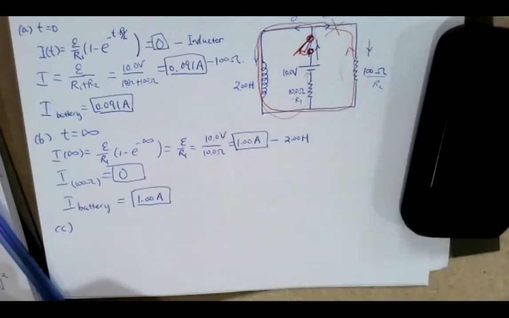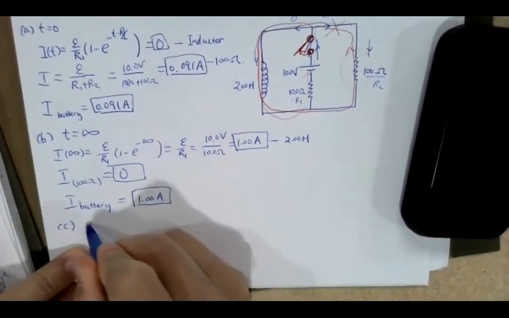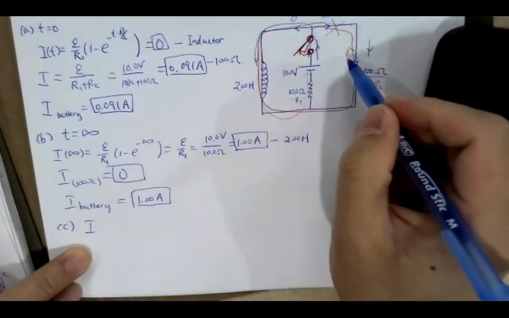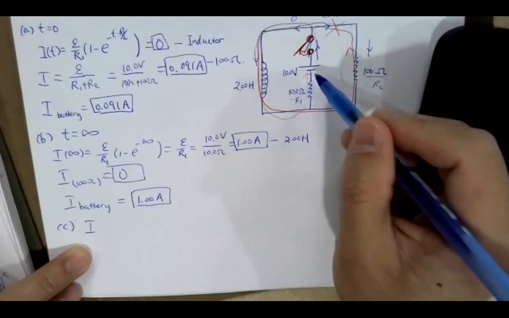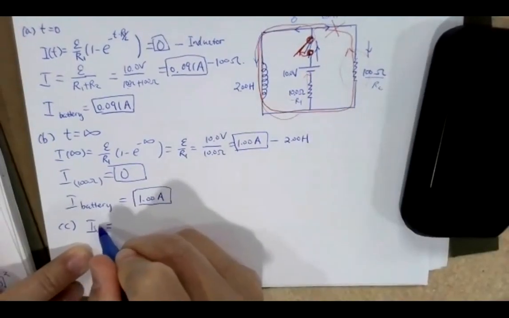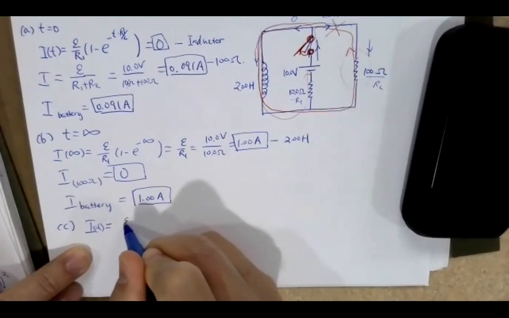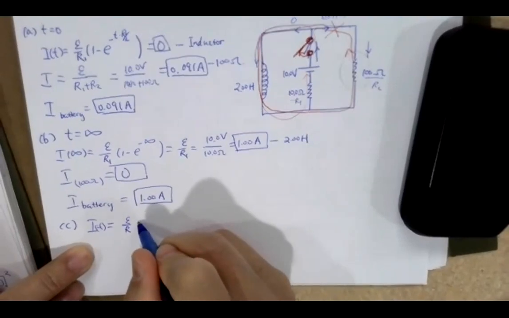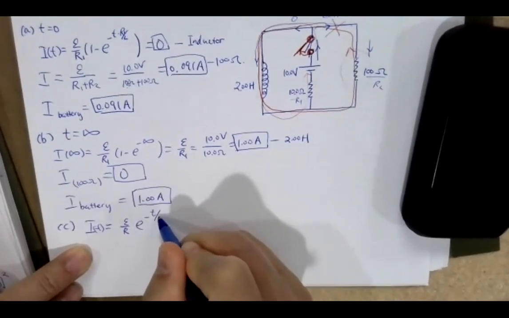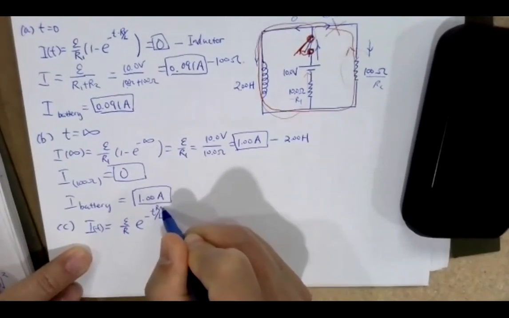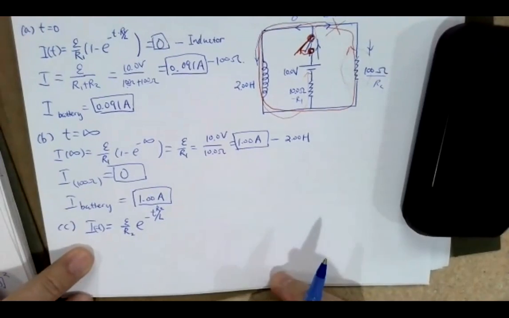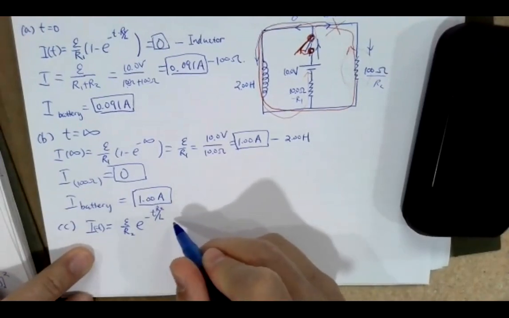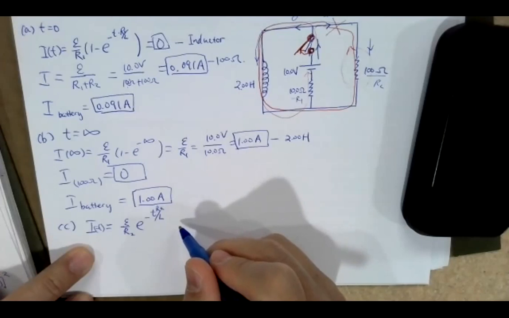So just right after, if this is an RL circuit without the battery, we know that the current is just an exponential decay, e to the minus t over R times L. This R will be R2, because that's the resistor. So when t is equal to 0, it's still going to be equal to the original current.